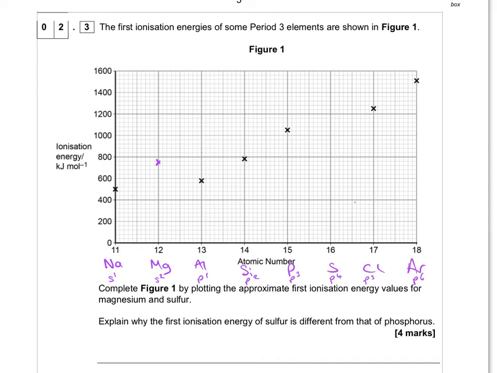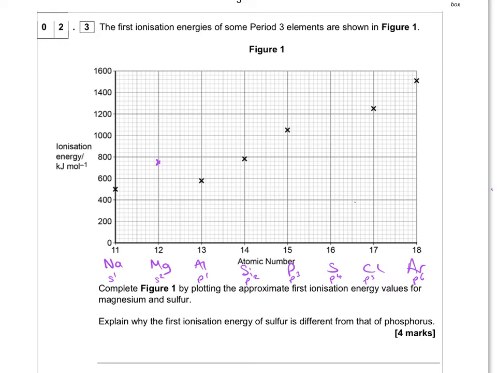Then we're going across, we've got P1, P2, P3. Remember, there are 3 p orbitals, so these electrons are in their own orbitals. When we come to put the 4th electron into the p subshell, we're going to have to start doubling them up, which means there's slight repulsion. If there's slight repulsion, it means that electron is going to be a little bit easier to remove. So we're going to expect a dip.